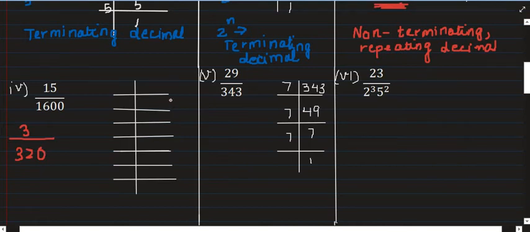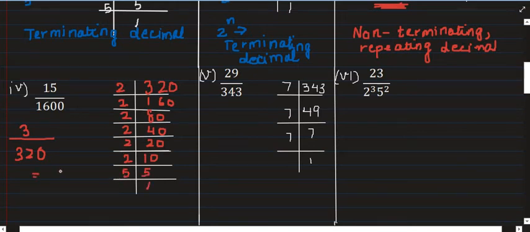Now we have to prime factorize the denominator, that is 320. We will start with 2. It will be 160, then again 2, it will be 80. Again 2, it will be 40, then 2, 20, 2, 10, 2, 5 and 5, 1.